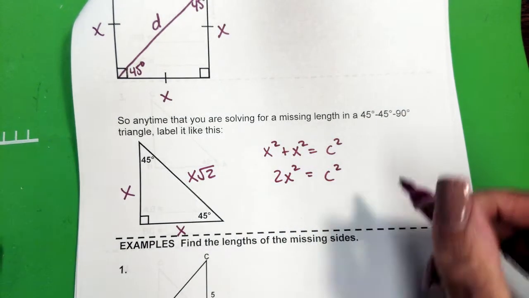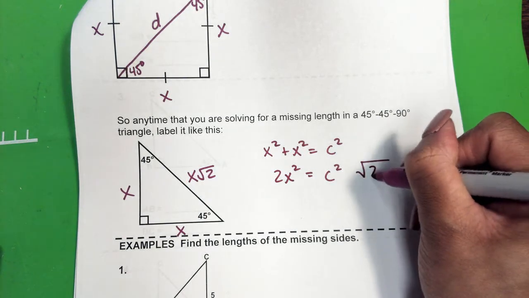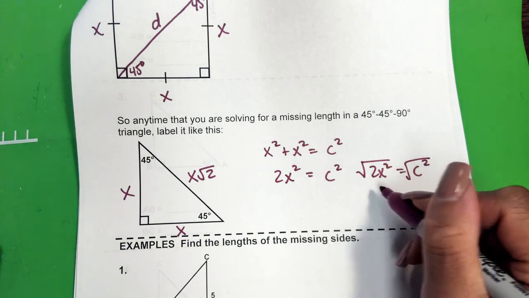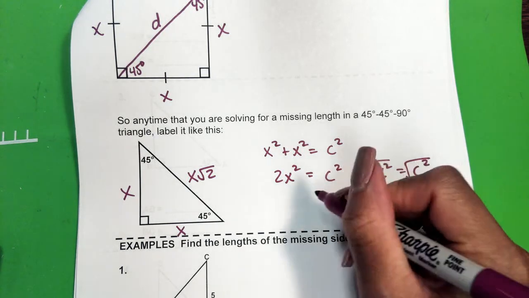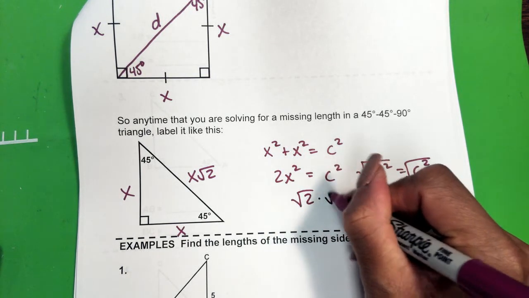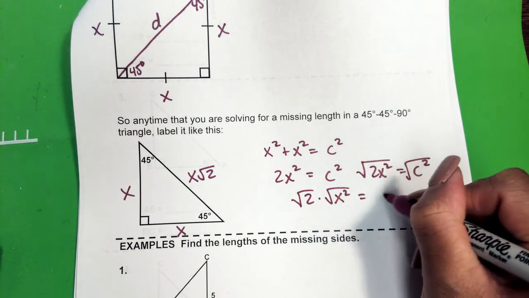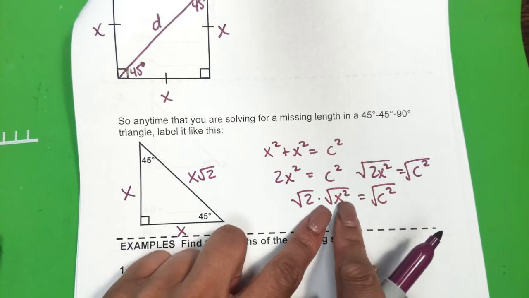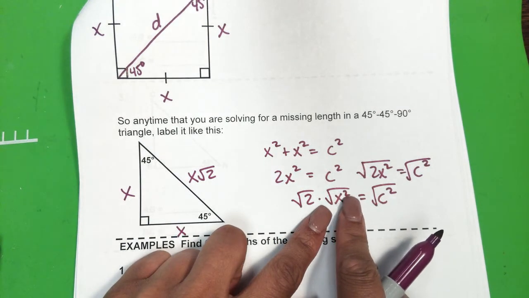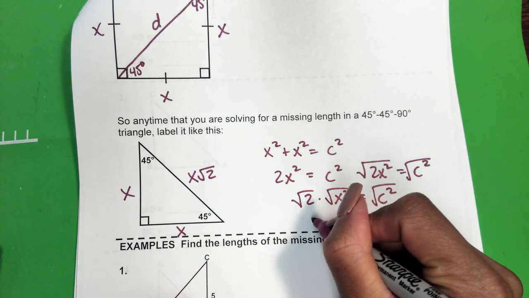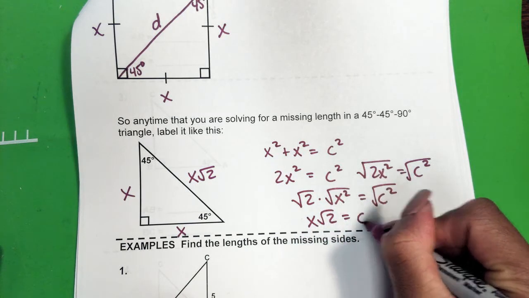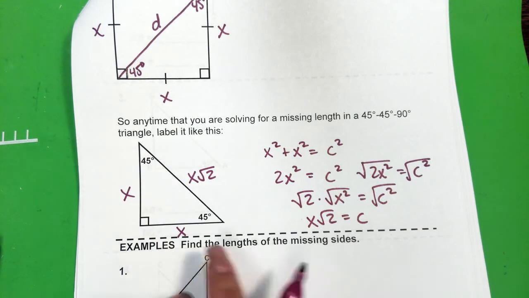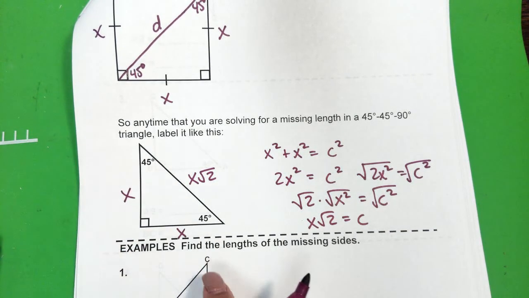Then I take the square root of both sides to find c, and I'm left with square root of 2 times square root of x squared. We can't do anything with the square root of 2, but the square root of x squared is just x. So this is where I get x square root of 2 for c, the diagonal, deriving from the Pythagorean theorem. You have x, and your diagonal is x square root 2.